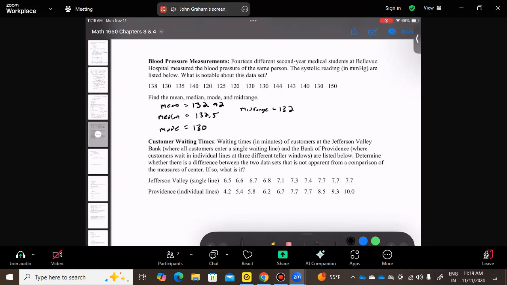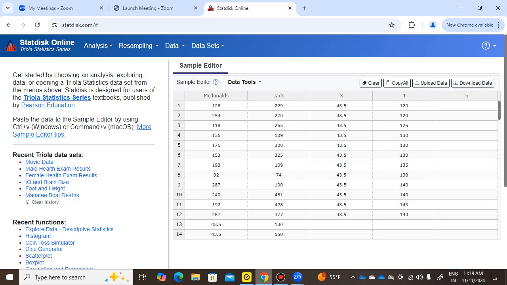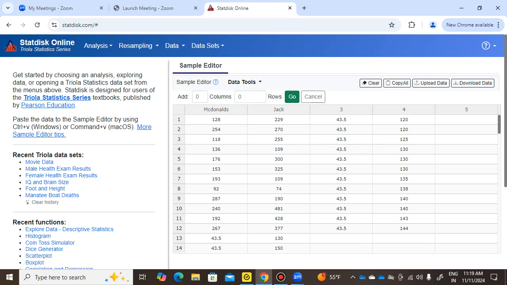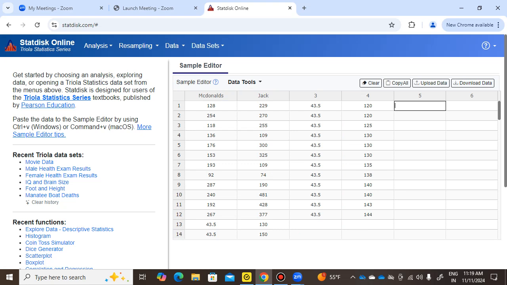All right, so we're going to get each of these into StatDisk. Now I'm going to add a column. So add column, just add one column. So there's a total of 6. And we have 6.5. I'm just going to do both data sets now. 6.6, 6.7, 6.8, 7.1, 7.3, 7.4, 7.7, and 7.7. 3, 6, 9, 10.